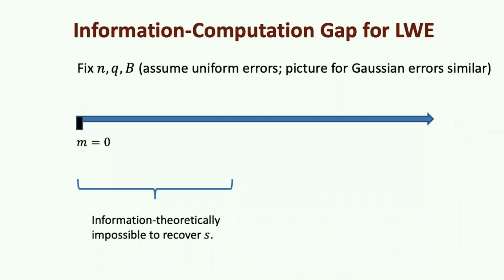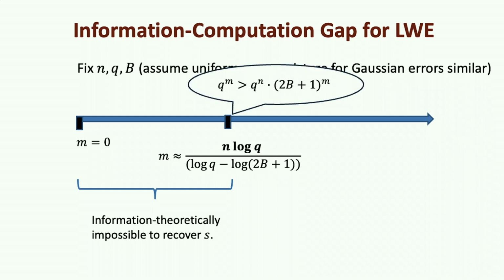That keeps happening for a while, until this number, which is actually quite natural, believe it or not, when the secret actually becomes information theoretically determined, and then I am not being ridiculous in asking you to find a secret. This number is not crazy, it's just counting, really. You want the entropy of the input to be smaller than the entropy of the output.